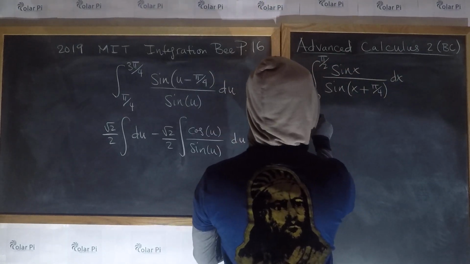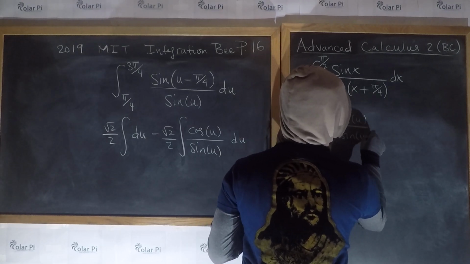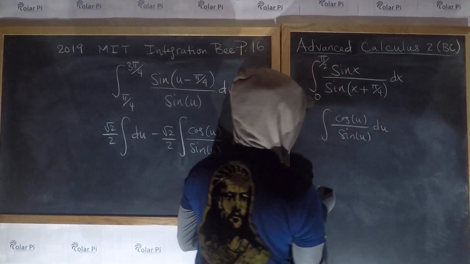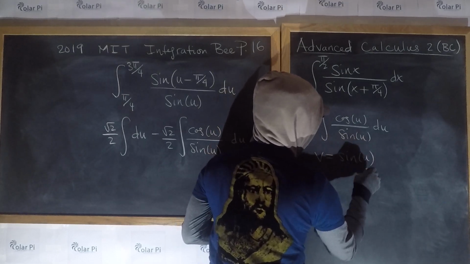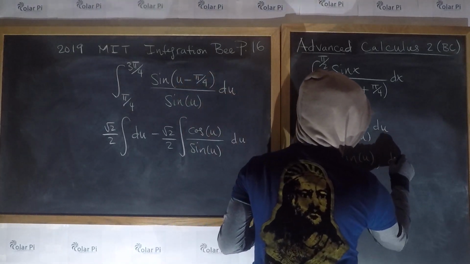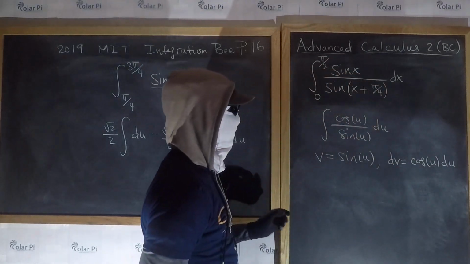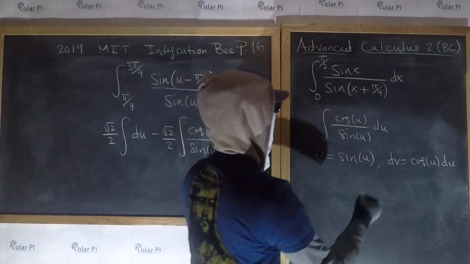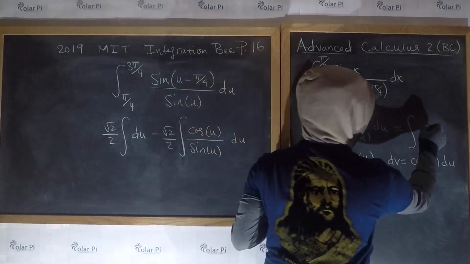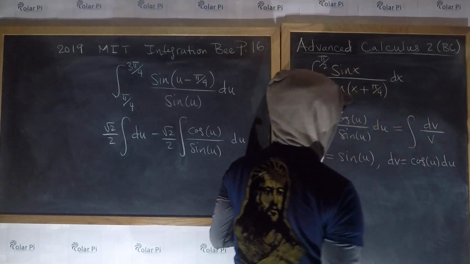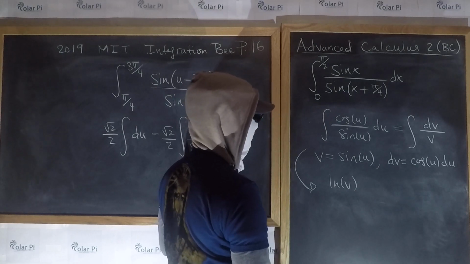So in this integral, cosine u over sine u du, if we let v equal sine u, right, then dv is going to equal cosine u du, and so dv is exactly the numerator of this. So this becomes integral dv over v.